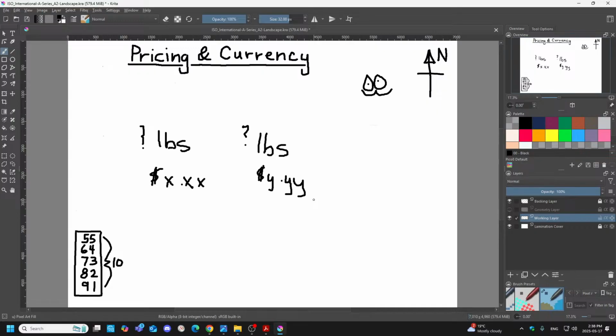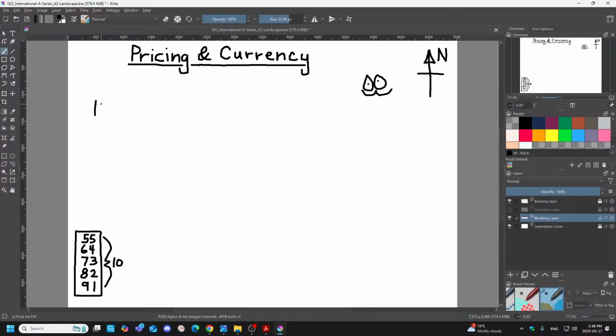So here's a good example, okay? We're talking about unit price. Let's say you're buying, I don't know, your favorite can of cola or something. Again, it's 12 fluid ounces for each can, right?